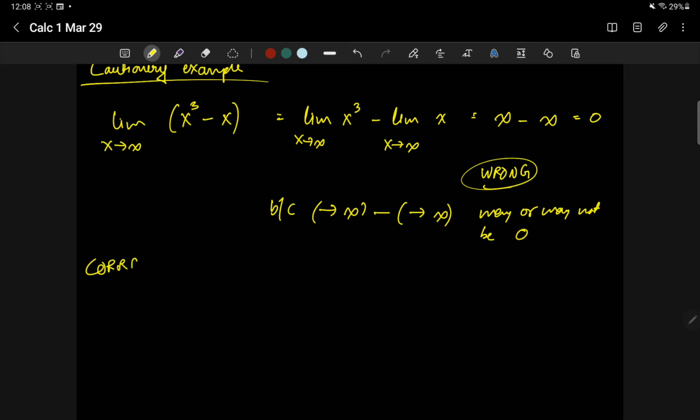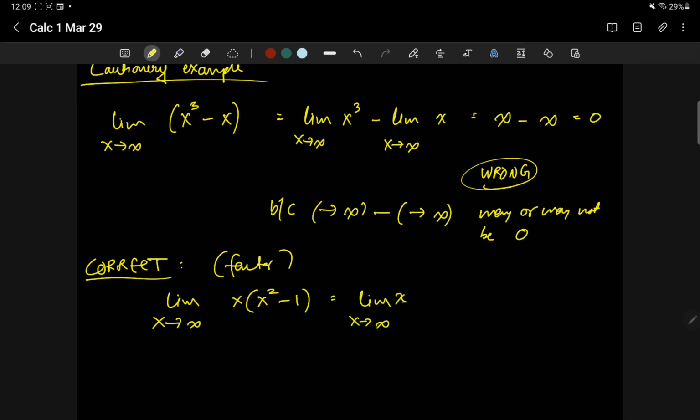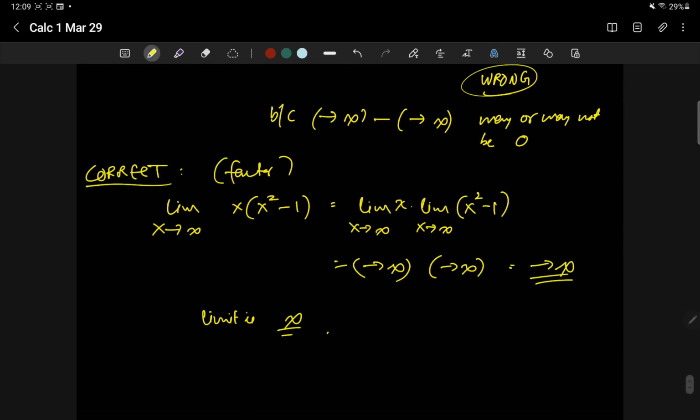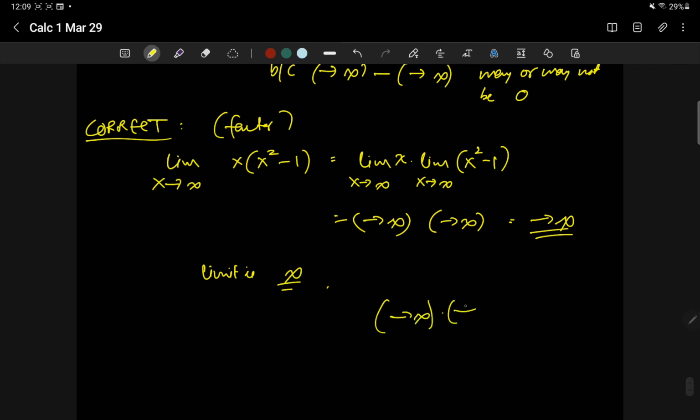But here is the correct way to draw a conclusion: factor. If I factor, this is x times x squared minus 1, and by limit laws, if you have something going to infinity and you multiply by something going to infinity, then it definitely goes to infinity. So the limit is infinity.